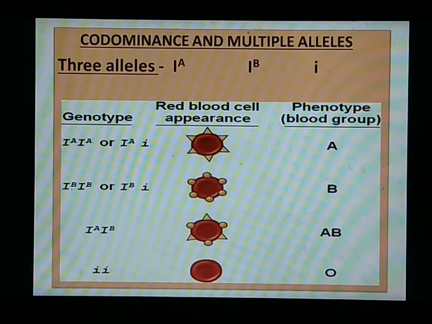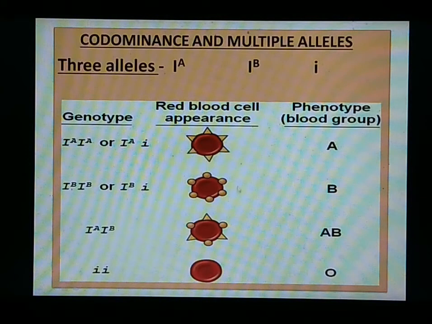So we see that the cell membranes of RBCs have some sugar polymers, okay, that protrude out from the surface, and this structure is controlled by the gene I, okay, that is a type of antigen. So that gene will show a particular antigen.